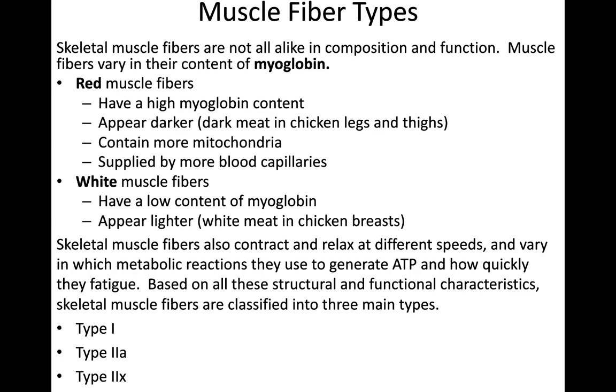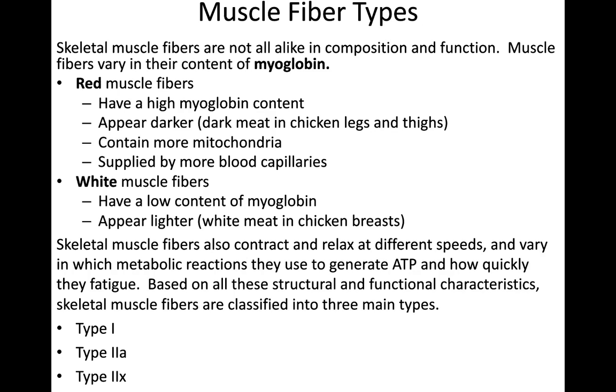Red muscle fibers are also going to contain more mitochondria, because that's where the aerobic respiration process takes place. Remember, aerobic respiration is kind of the fancy way to describe energy production. Not all energy production involves oxygen, and not all energy production takes place in the mitochondria, as we'll find out in a few weeks when we get into this in much greater detail.